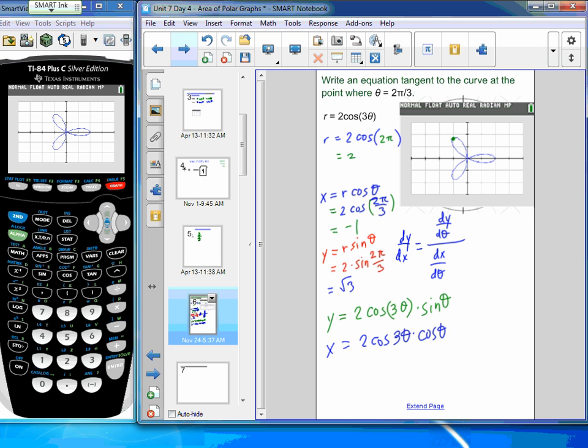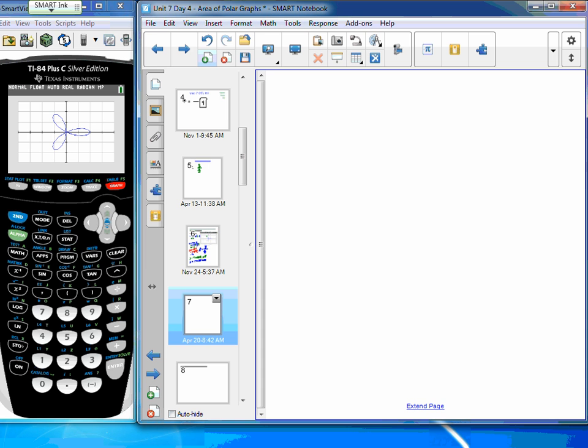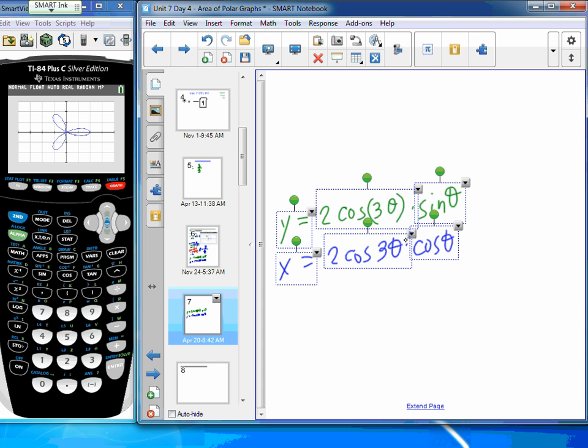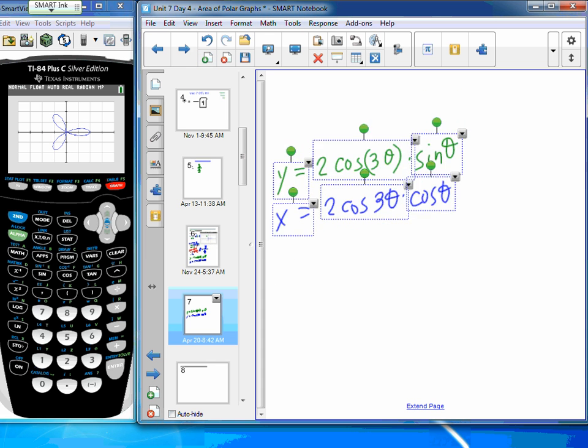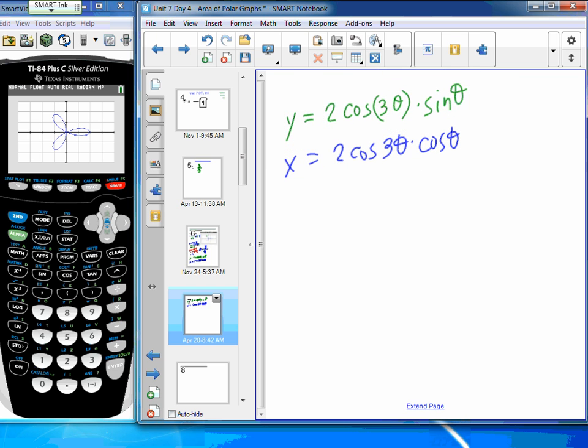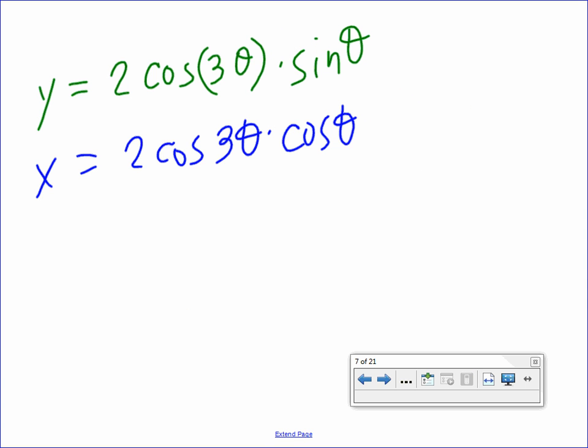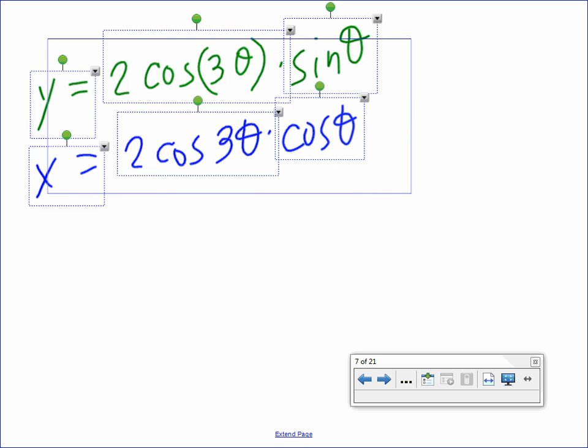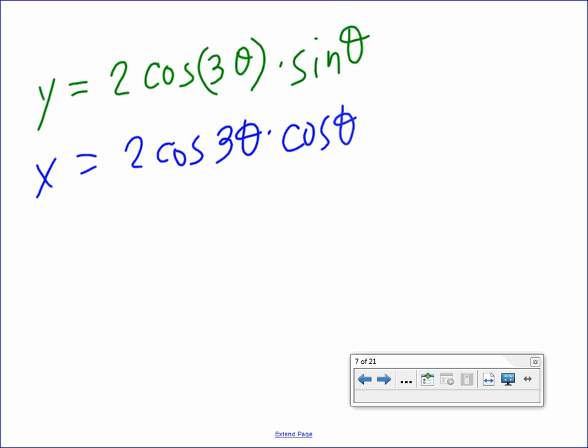So let's go ahead and generate dy d theta. What rule would we have to use to generate dy d theta? Yes, we have to use product and chain.